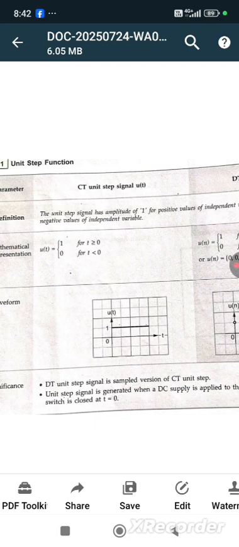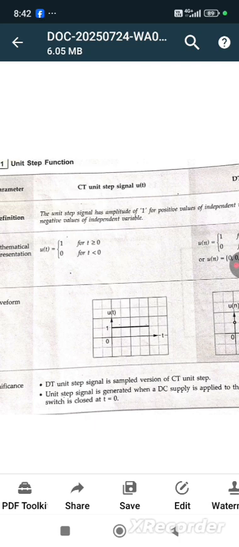You should be clear with that. x of t is the notation given for a continuous time signal, and x of n is the representation given to a discrete time signal.